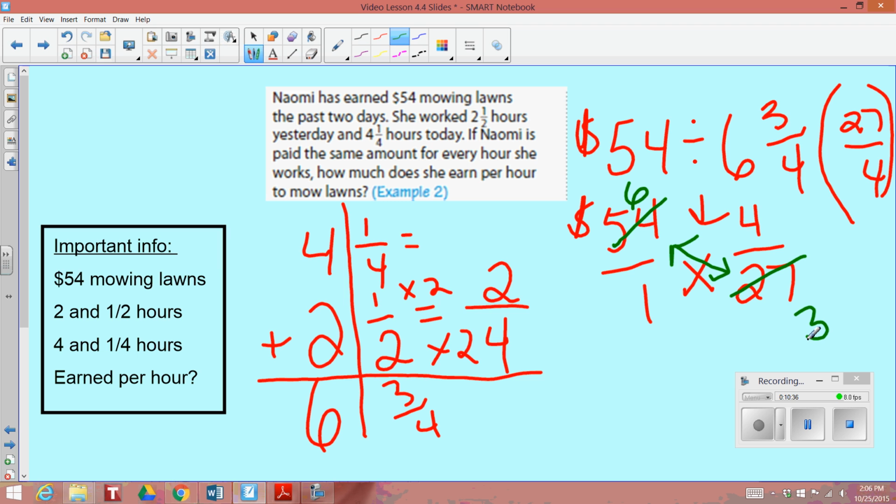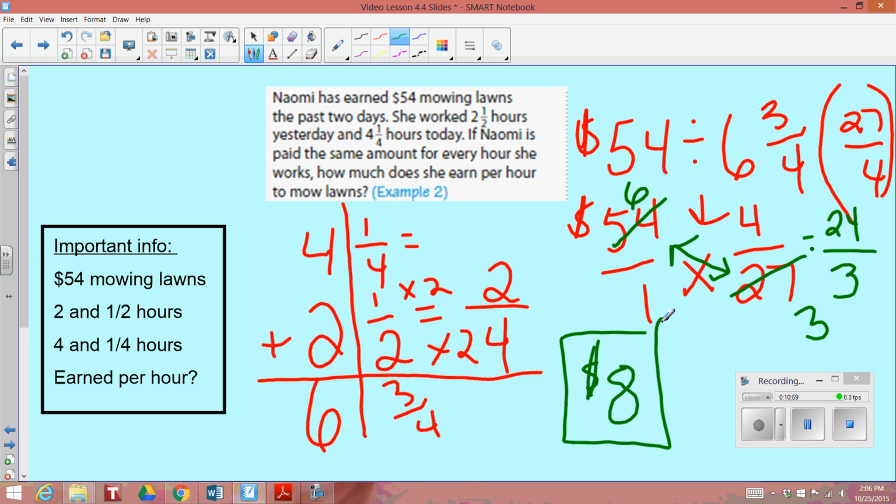So now I have 6 over 1 times 4 over 3, and I get 24 over 3, or 24 divided by 3. 24 divided by 3 is 8. So, how much does she earn per hour mowing lawns? She earns $8 an hour because we took the $54 and divided it by 6 3/4 hours, and we get 8.